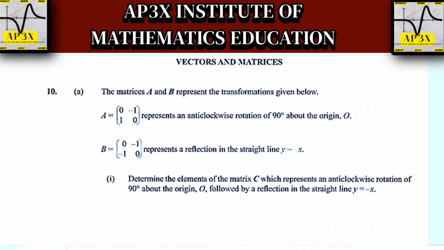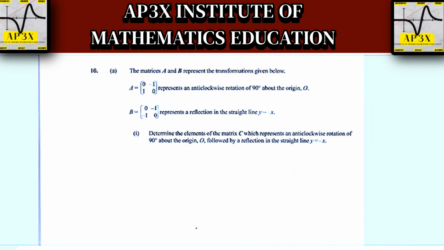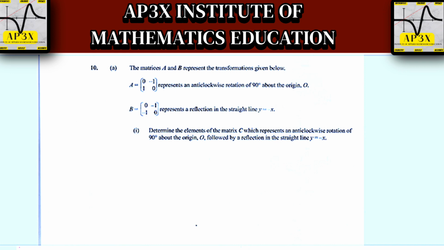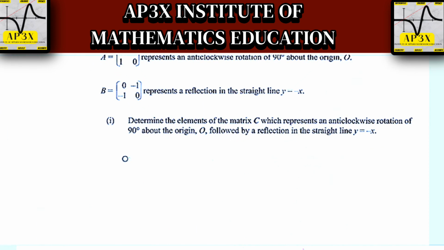Determine the elements of the matrix C, which represents the anticlockwise rotation of 90 degrees about the origin, followed by a reflection in the line y equals -x. This is a very nice way for CSEC to ask you to multiply the two matrices. So they're basically asking to combine the rotation with the reflection. So our matrix skills are going to come into play.